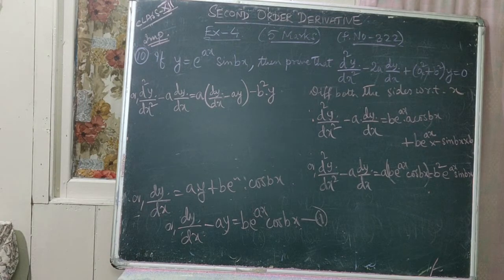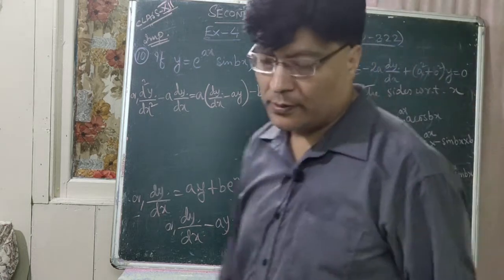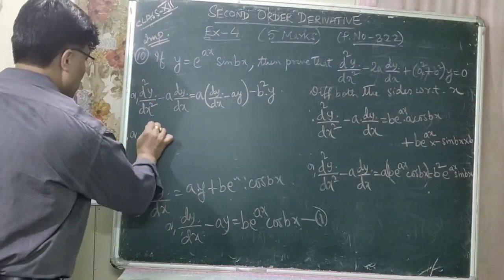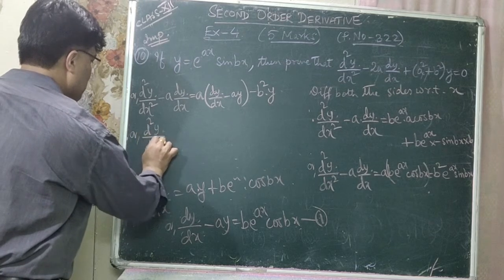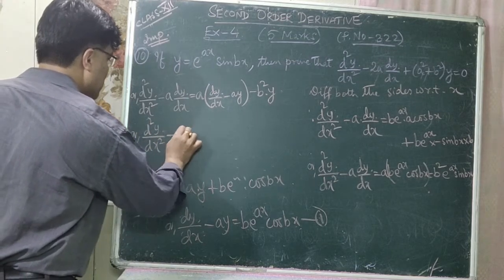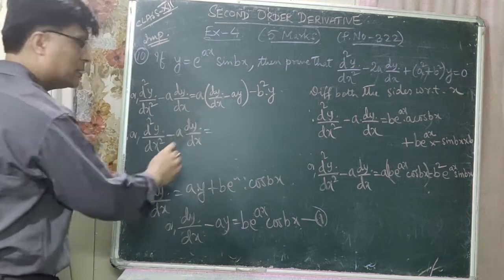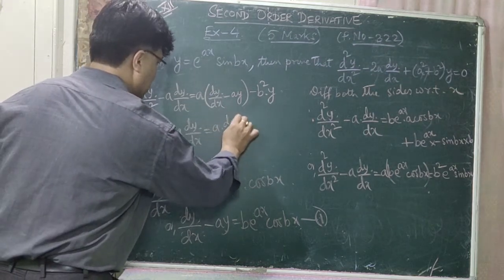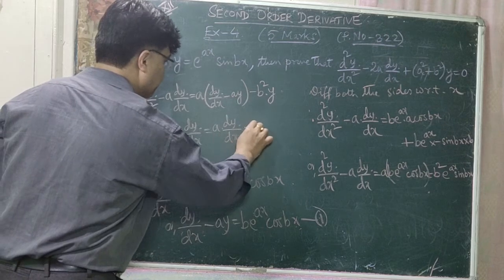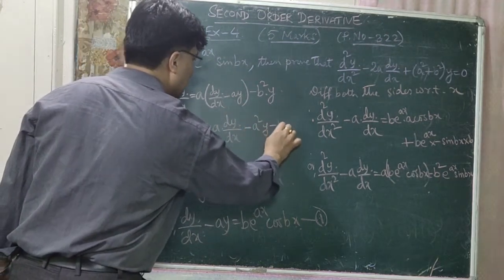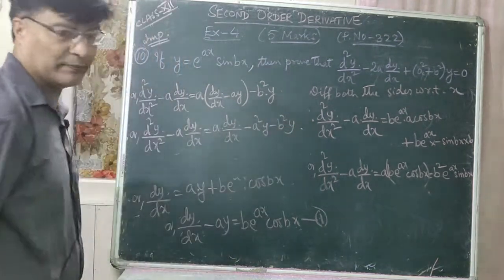So now we'll do the further simplification. This is d2y by dx square minus a dy by dx is equal to, multiply it. This is a dy by dx minus a into ay, a square y, minus b square y.